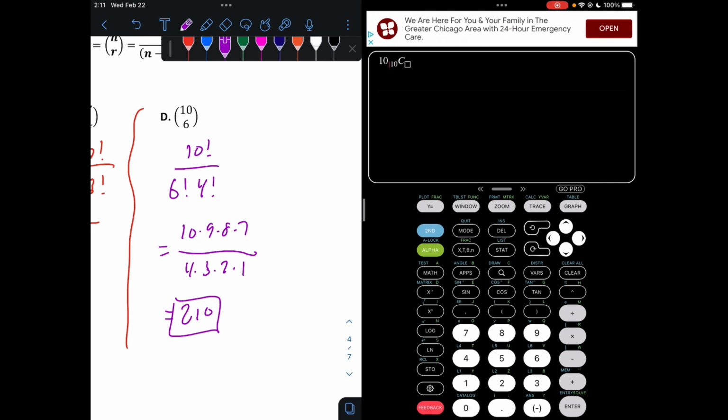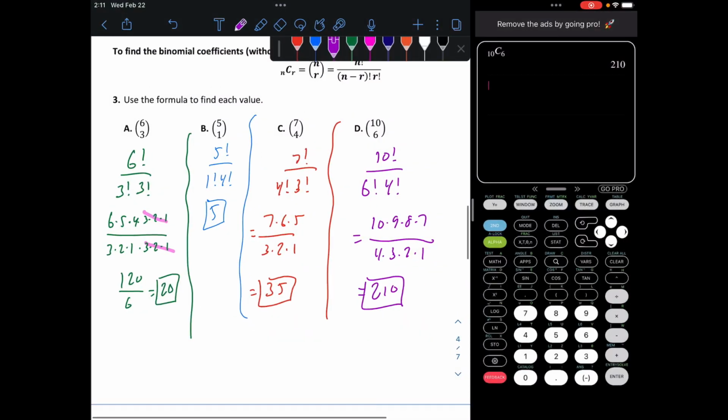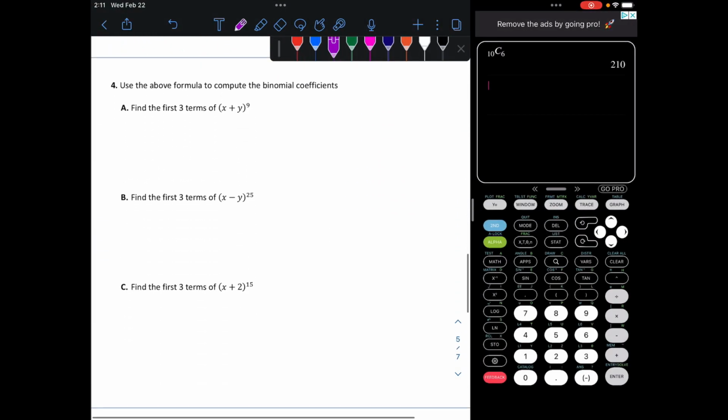Actually, this one's a little bit different. You can just hit the nCr, and then put the 10 in after that, and then the 6. And look, you get 210, just like we thought. If you have the older calculator, you have to type the 10 in first, then hit nCr, and then hit 6 after that. So we're going to keep our calculator out for the rest of this to help us.